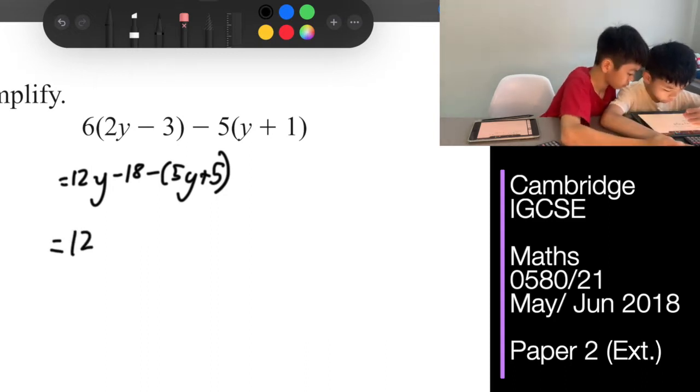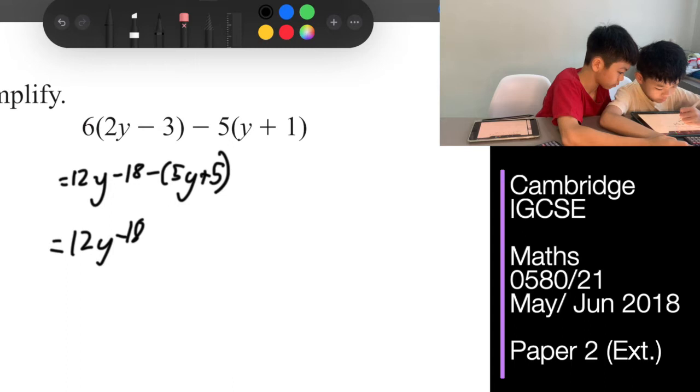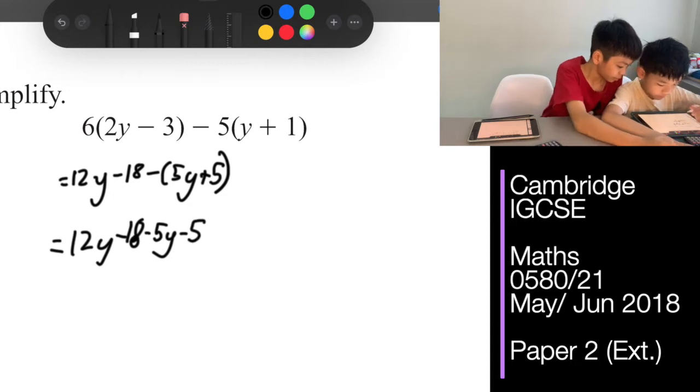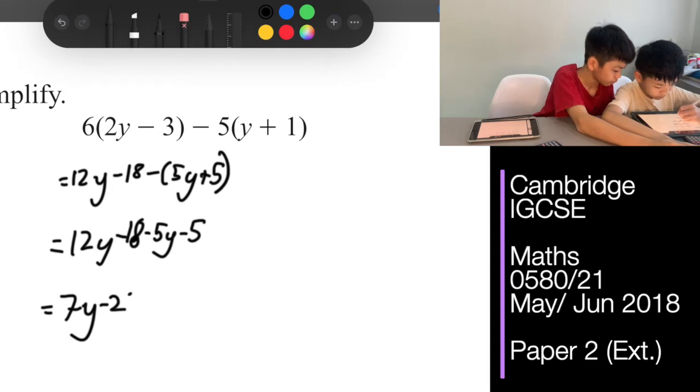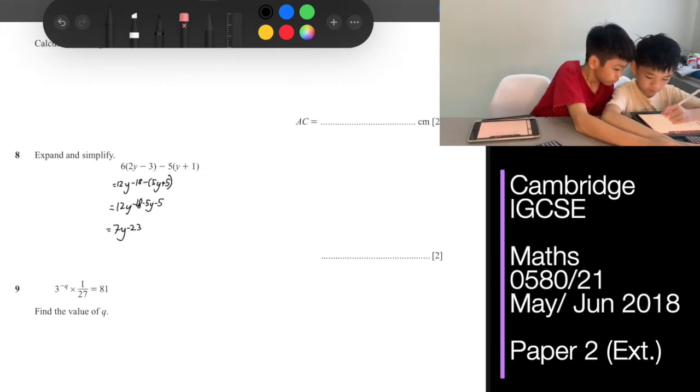Equals to 12y minus 18 minus 5y minus 5. Then we simplify the y. 12y minus 5y, 7y, minus 18 minus 5, 23. Minus 3.